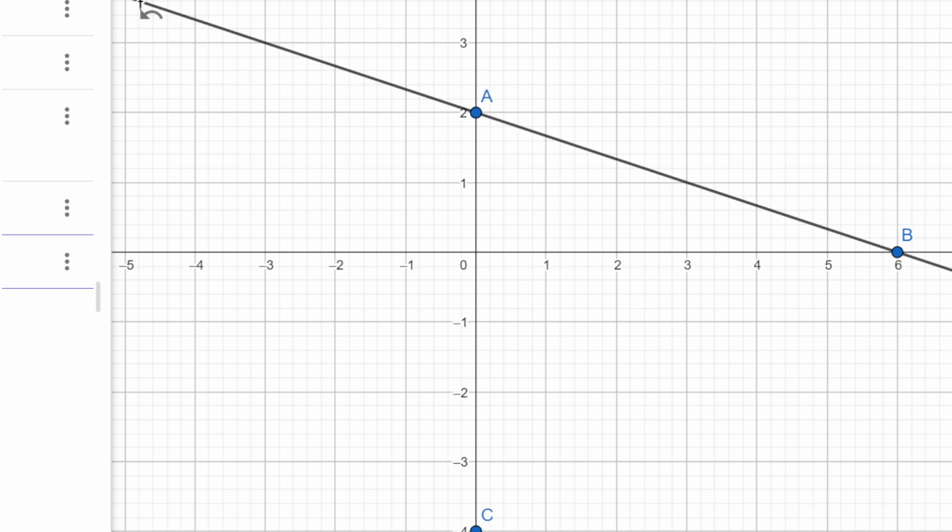So we have the points, which is this one, 0, minus 4. X is 0, y is minus 4, and 6, 0 is the same point. So let's join these 2 points.